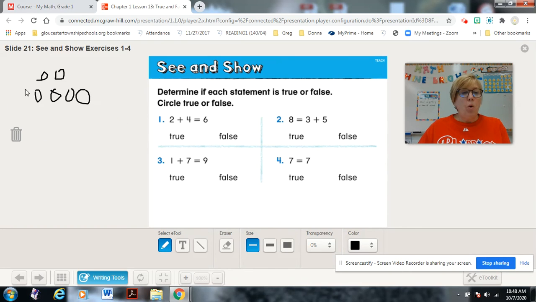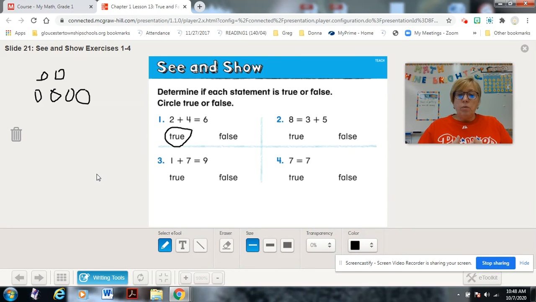Let me check that. 1, 2, 3, 4, 5, 6. That's true because I did the math sentence, I investigated, and it does equal 6. So I'm going to circle my answer right there. That's what you're doing on the See and Show right now, okay?